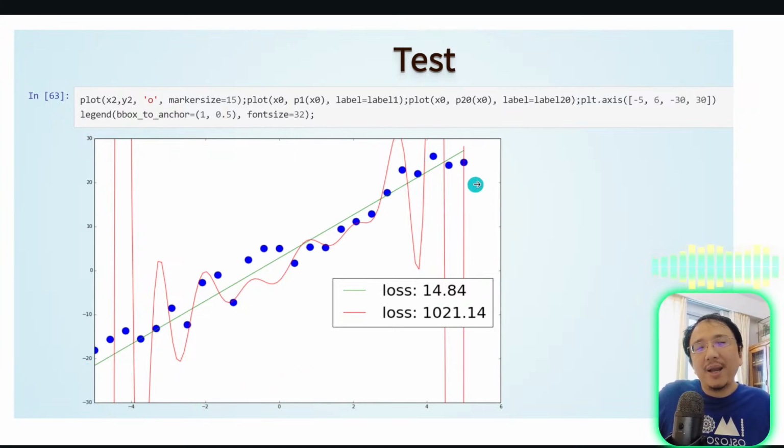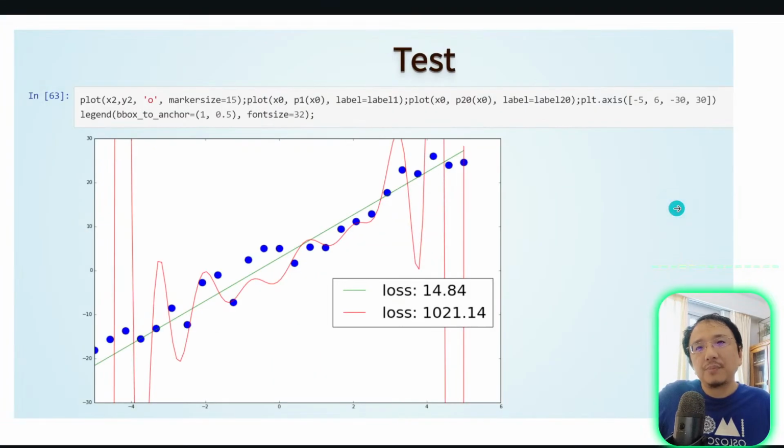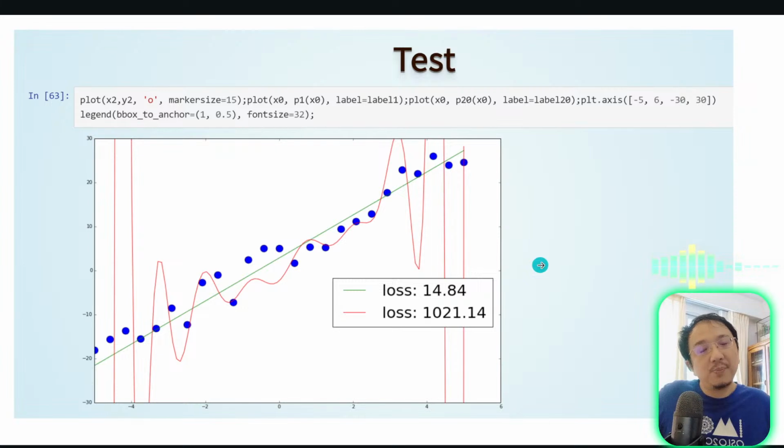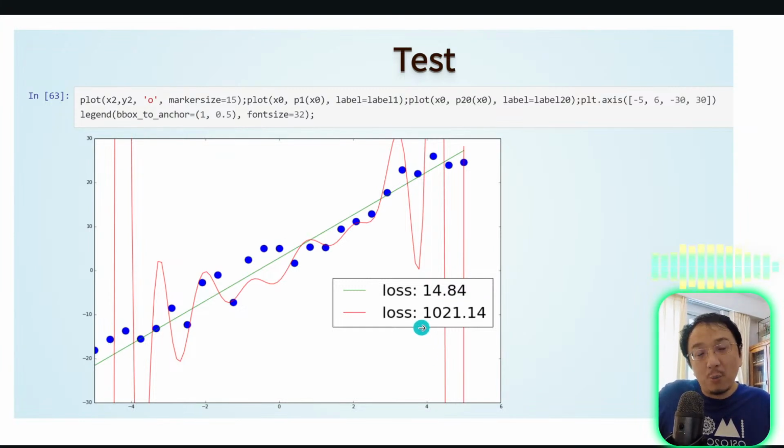If we are using the linear prediction, the loss is comparable to this one. You can see this 14.84 and this 14.72. They are roughly the same, almost the same. But for the degree 20 polynomial, you can see that this is the polynomial here. The loss for the new data is going to be more than 1000. So this is definitely not what we want.